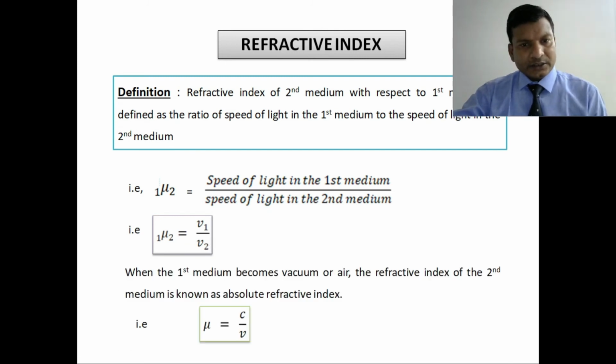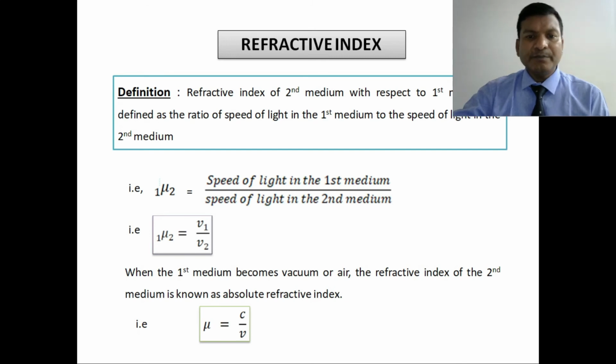So next, when the first medium becomes vacuum, then the refractive index of the second medium is known as absolute refractive index. Remember, when the first medium is vacuum or air, in some cases we consider air also, in that situation the refractive index is known as absolute refractive index.